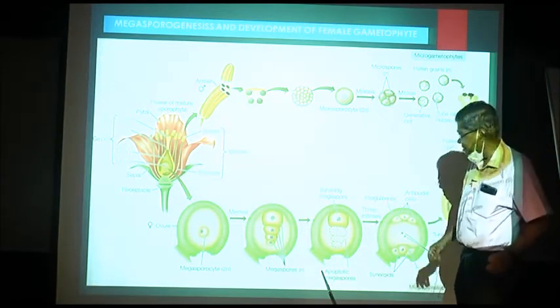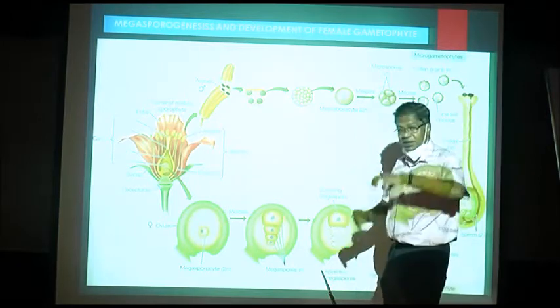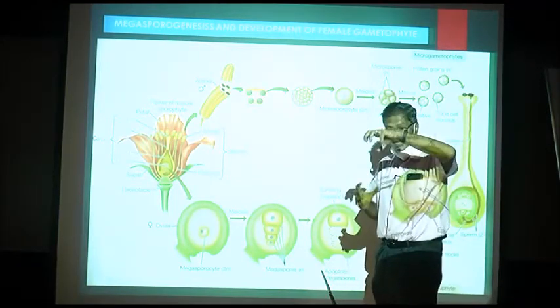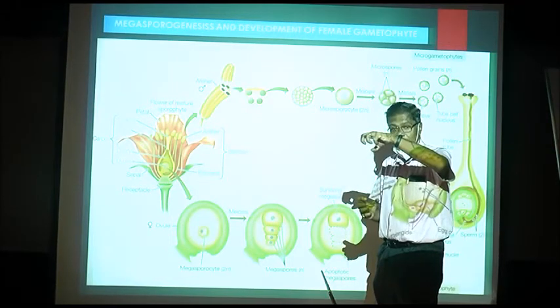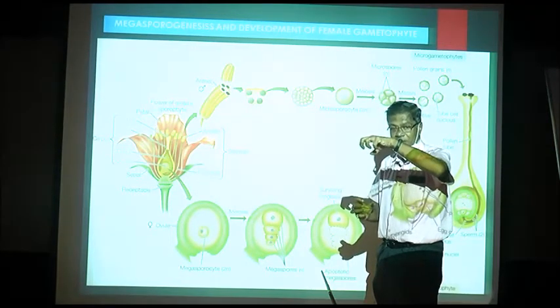Actually what happens is, this nucleus divides into 2, and one nucleus remains at the chalazal end and the other nucleus remains at the micropylar end.